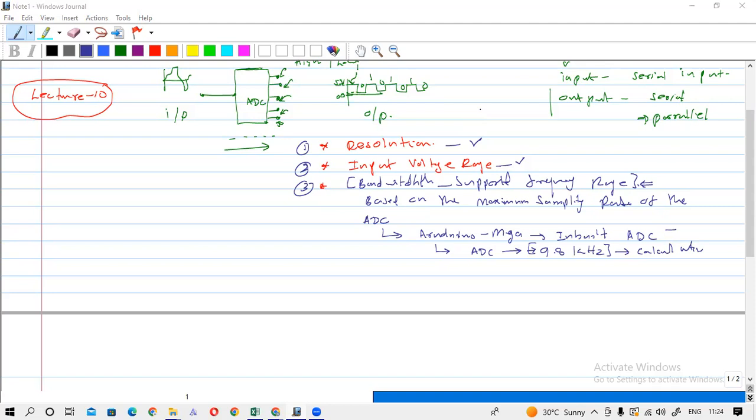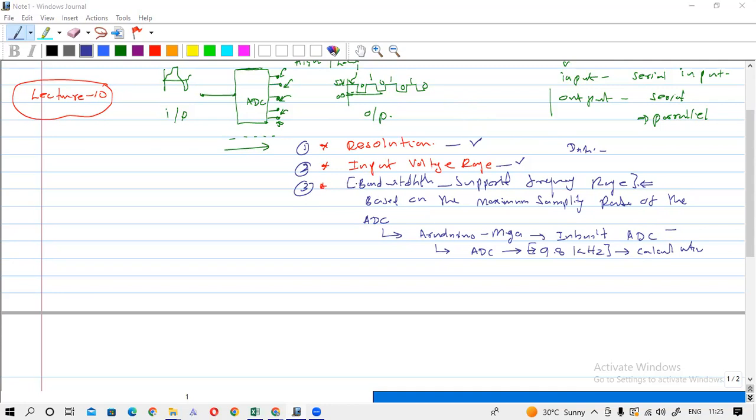Like a digital multimeter, if there are analog ports, there should definitely be an ADC. So you can check the calculation.